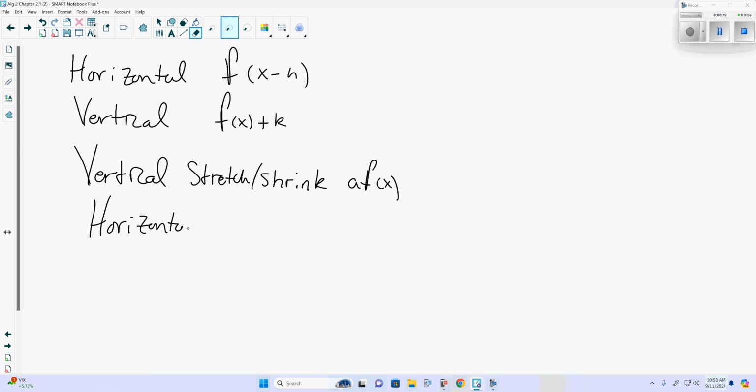Our horizontal stretch or shrink is f of ax, and we do have to flip a. Whatever the value of horizontal stretch or shrink is, we have to flip it to get the correct value that we plug in.